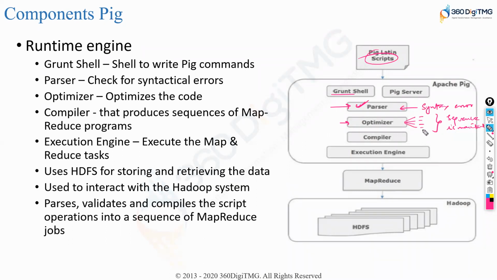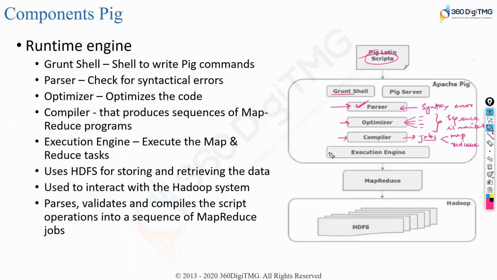Once this is done, we go to the compiler. This compiler is responsible for converting the entire code into map and reduce jobs.